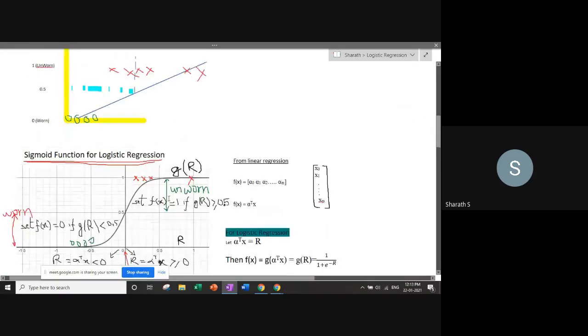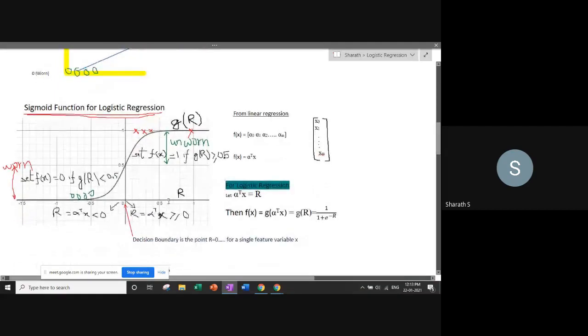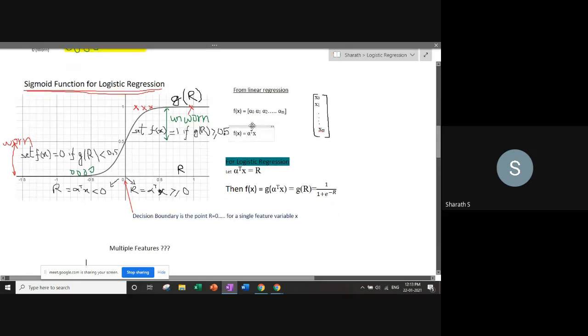And this is where the sigmoid function comes into the picture, and that is the use of the sigmoid function. So from linear regression you have this alpha, which is the coefficients, and then x. The linear regression model is simply f(x) = alpha transpose x. In logistic regression, you apply a sort of activation function, a transformation, on this alpha transpose x.